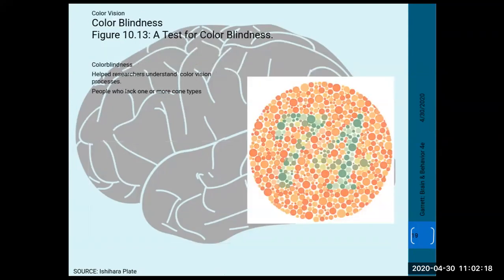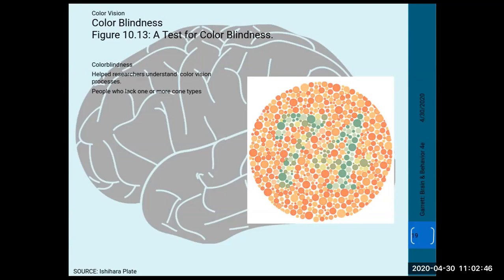So, really quickly, this is a test for color blindness. This also helped researchers understand color vision processes. So people who lack one or more of these cone types, right, are not going to be able to project as much into the ganglion cells because they lack that cone type. And as a result, if it's red-green or yellow-blue, you see color blindness.